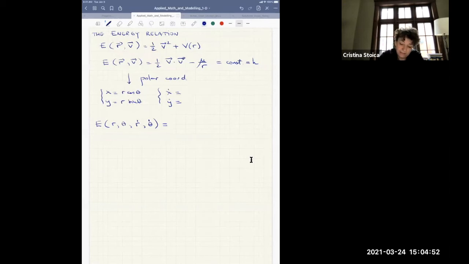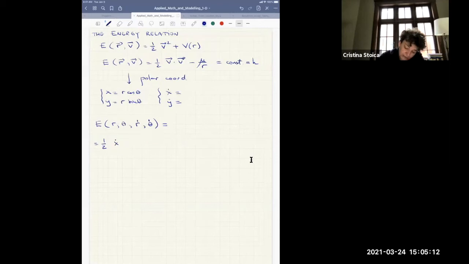So now I'm going to substitute these. It's one half the vector v dot the vector v. But what is the vector v? We have to write this in polar.